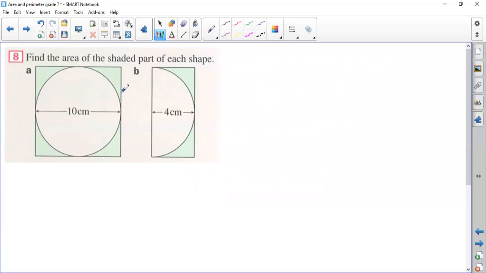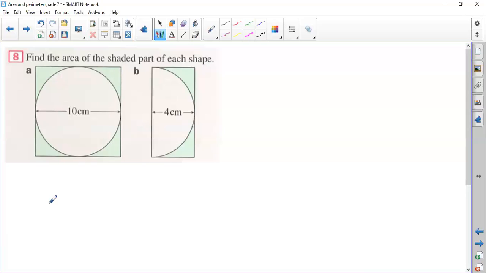Now to find the area of the shaded part, as I see they are not a figure that I can find the area of. That's why I will use the logic of difference. I know how to find the area of the square. I know how to find the area of the circle. So the difference of these two will give me the area of the shaded part.